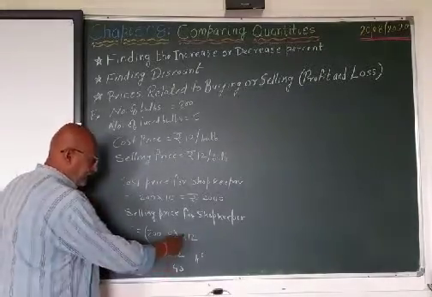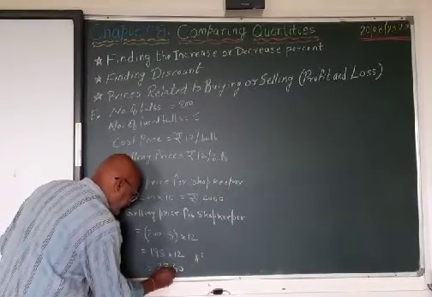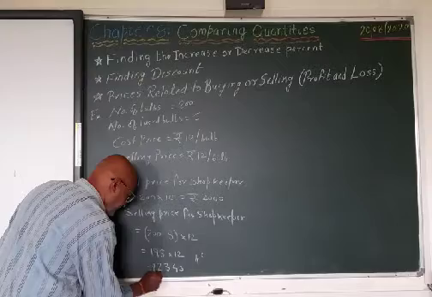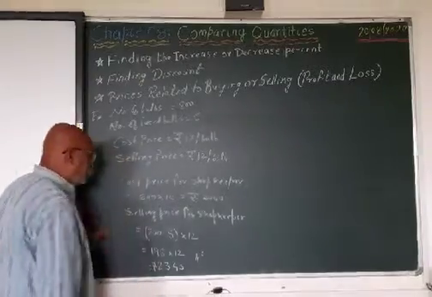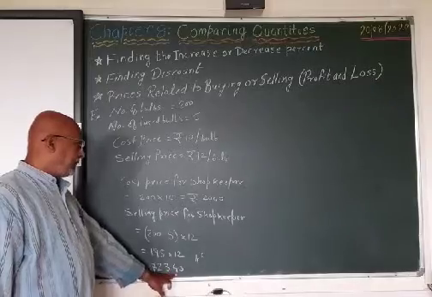12 ones are 12 and 11 is 23, so 2340 rupees. So he sold all the bulbs for rupees 2340.